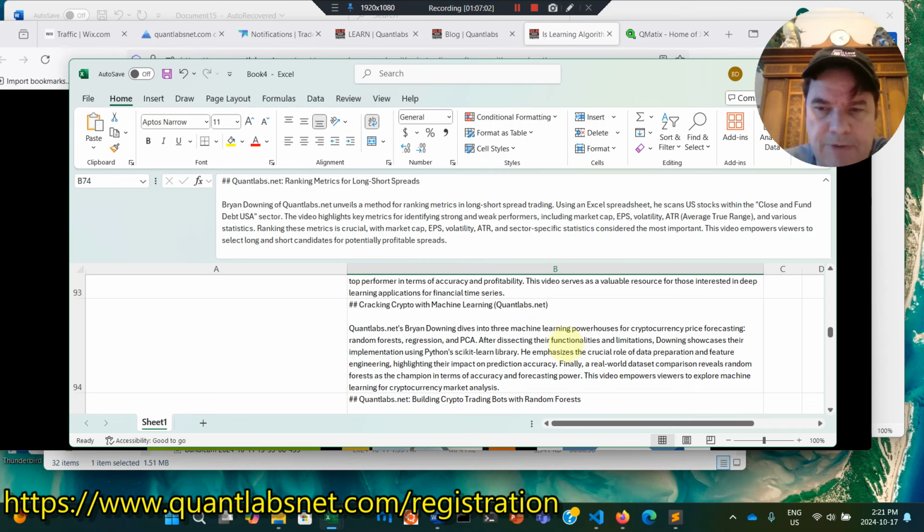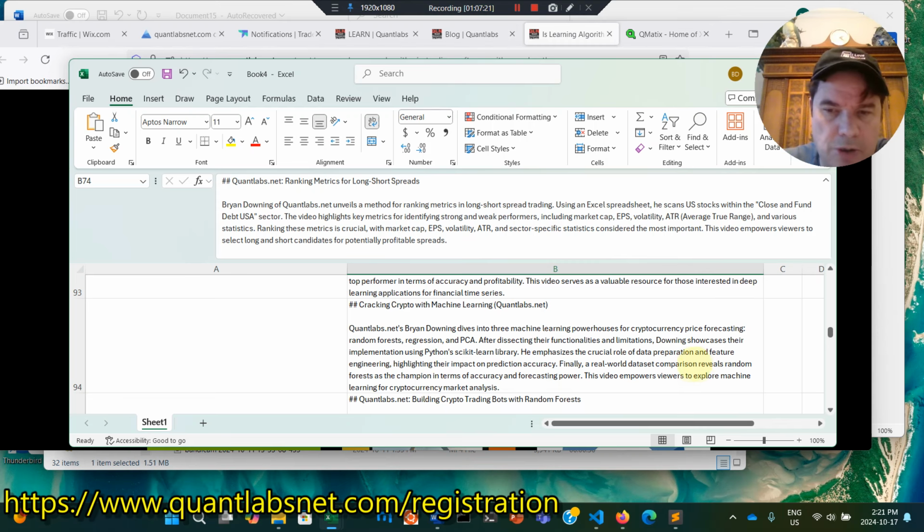Again, a cryptocurrency with machine learning, forecasting using a random forest regression and PCA. Dissecting the functionalities and limitations, showcasing this with a Python scikit-learn library. Of course, that's open source and free.